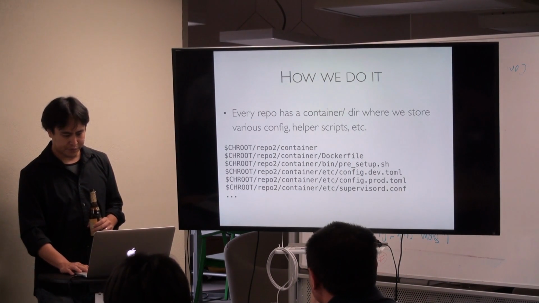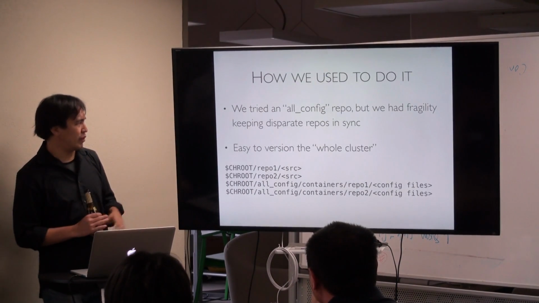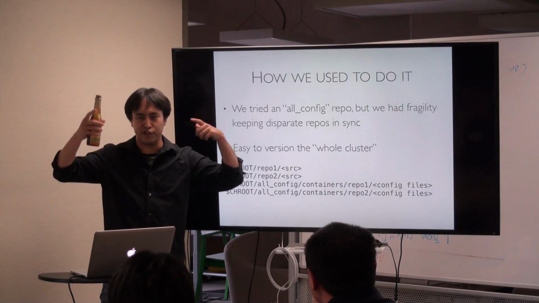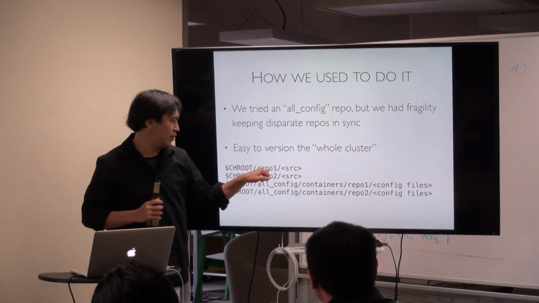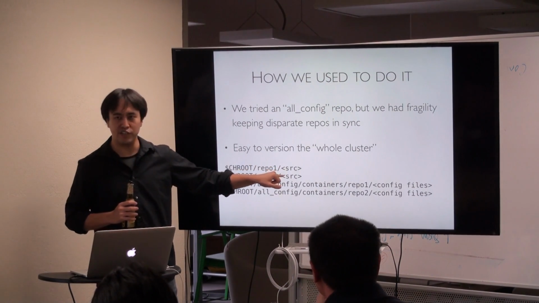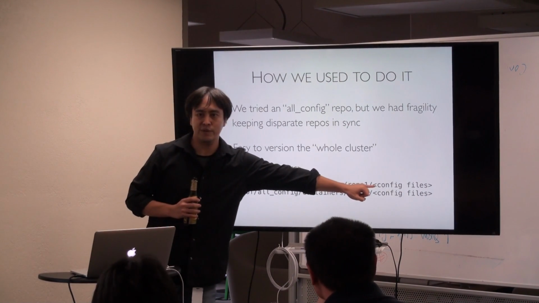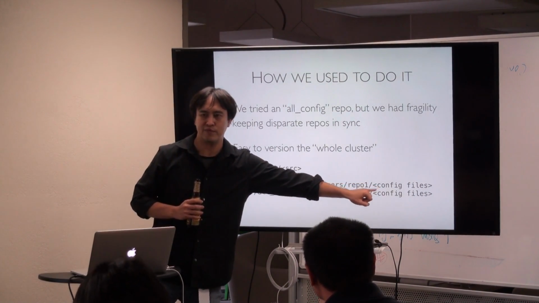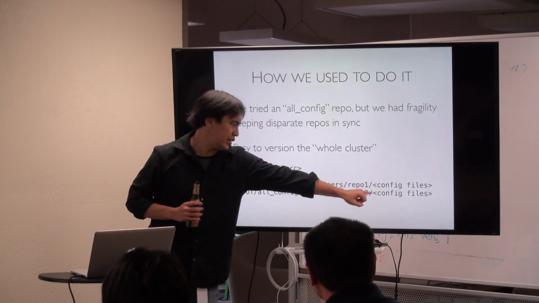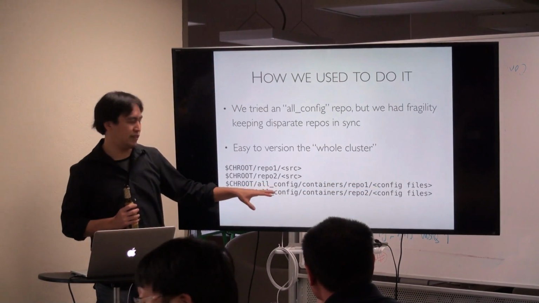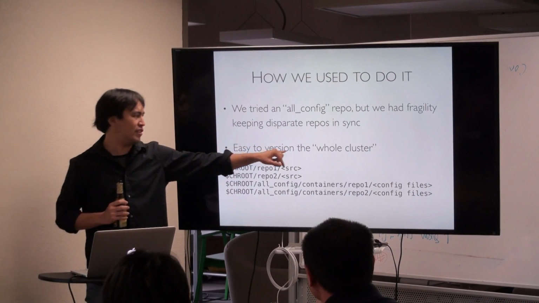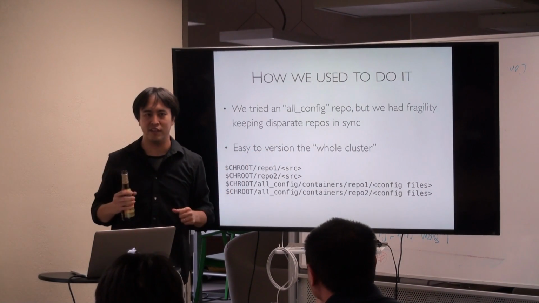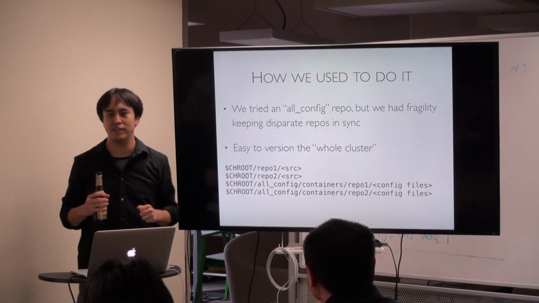We used to do it with a master super config repo where all of the config was located. So repo 1 and repo 2 were just source, but we would store the config.prods and the supervisor.confs and so on in an actual dedicated config repo. The advantage to that was you had a very strong sense of what the state of the entire cluster, the SOA itself, was.